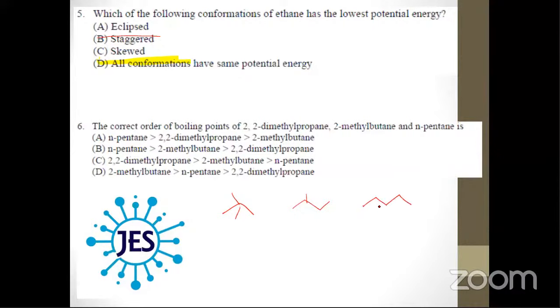Now please find out which has more branching. 2,2-dimethyl propane has more branching, hence the least boiling point, followed by 2-methyl butane, followed by n-pentane. The third option is n-pentane, 2,2-dimethyl propane and 2-methyl butane. Yes, this is the correct option.